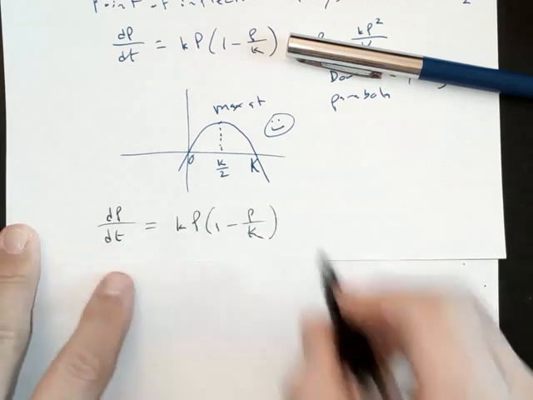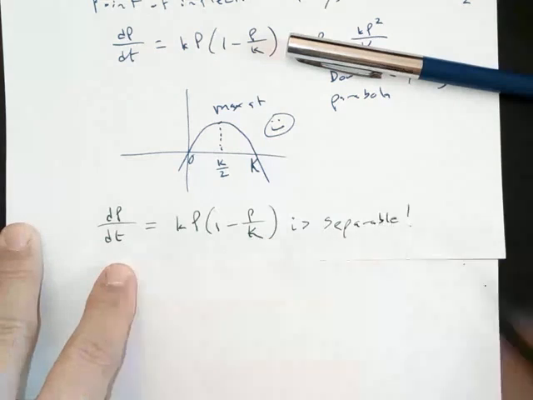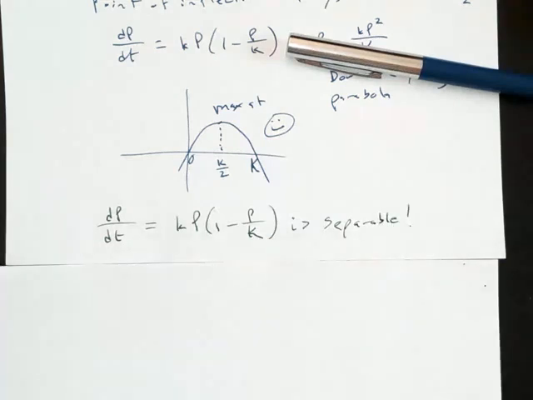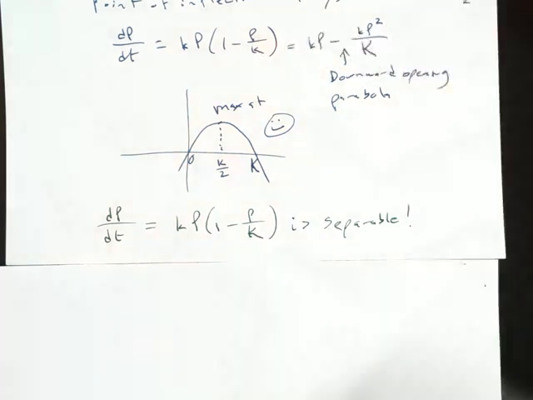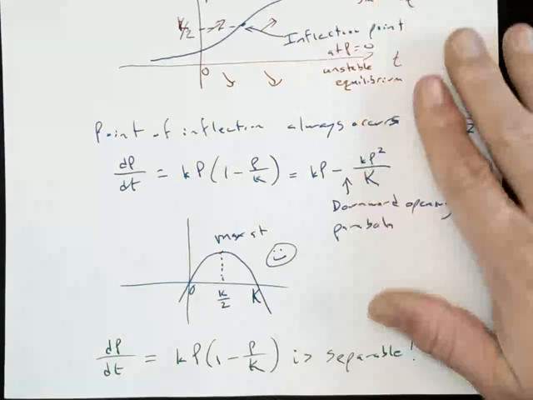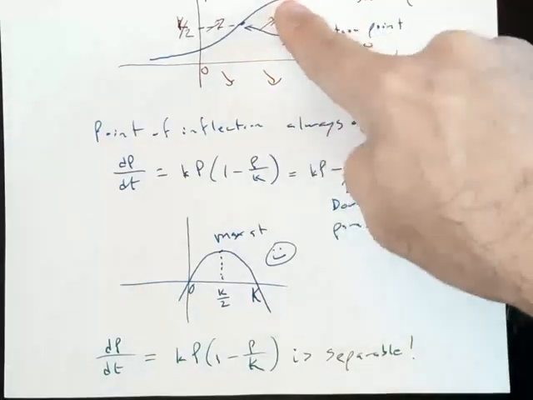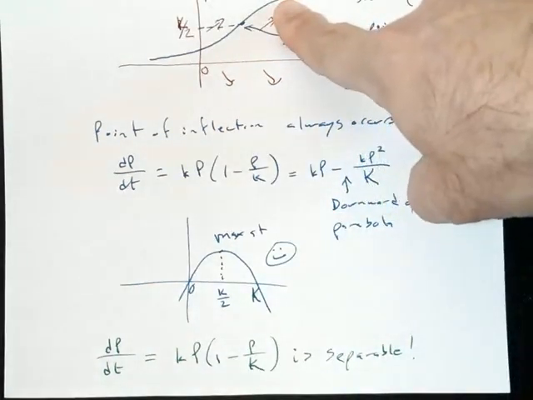And if it's separable, we can solve it. It means I can come up with the equation for this curve here. I can figure out what this equation looks like. And then I can actually go a step further and figure out what that equation is.